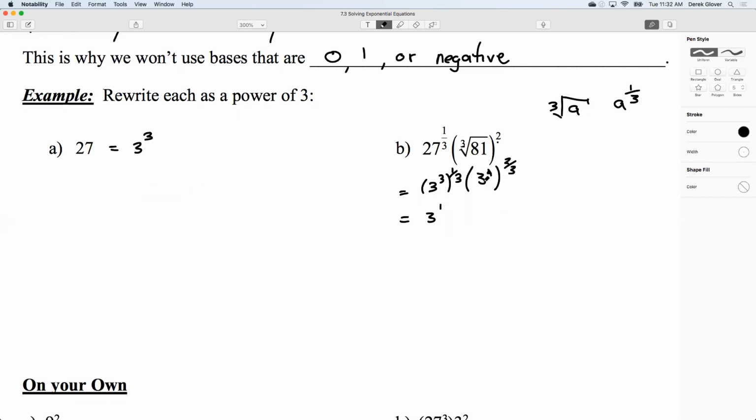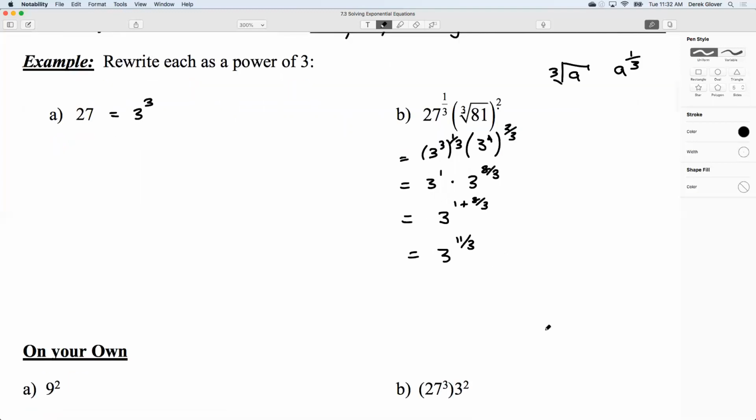And 3 to the 4 to the 2/3 is 3 to the 8/3. So now when we multiply our bases, this is going to become 3 to the 1 plus 8 over 3, which is 3 to the 11 thirds.